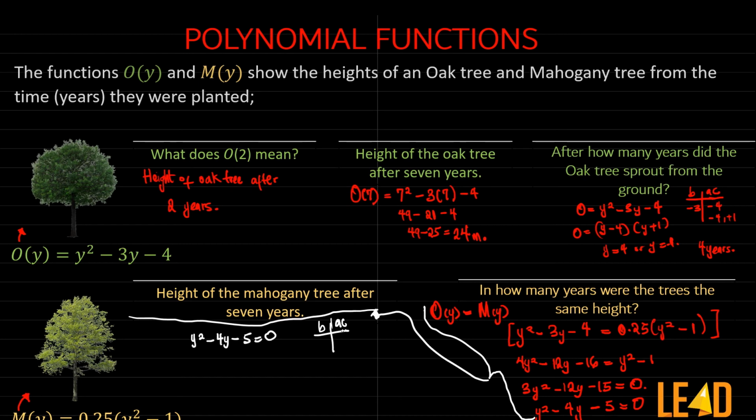Okay, AC is going to be minus 5 and B is going to be minus 4. So the two numbers that we can use would be minus 5 and plus 1. That would be y minus 5 and y plus 1. If you've done it correctly, you should have this.